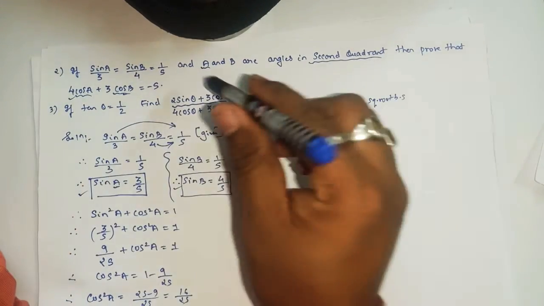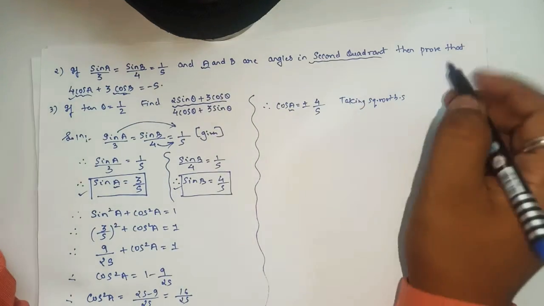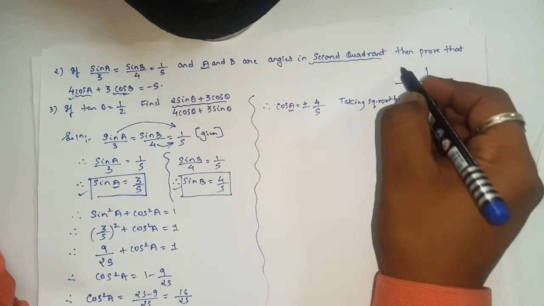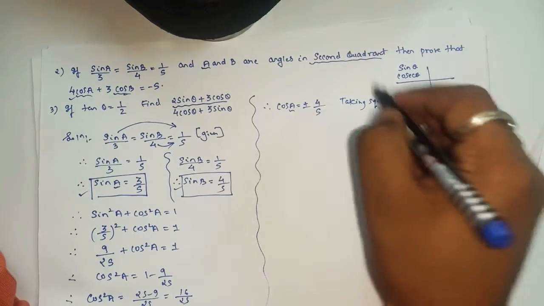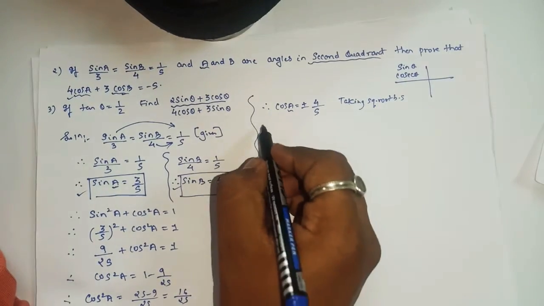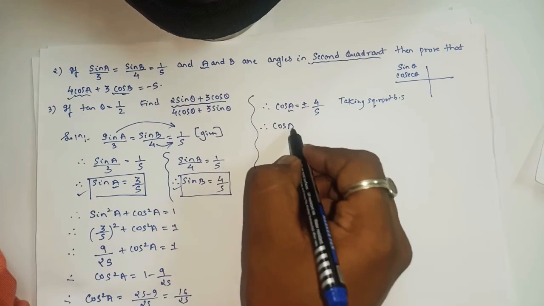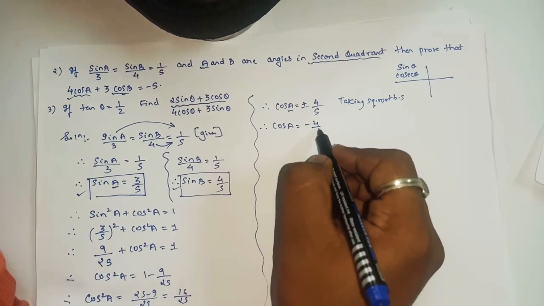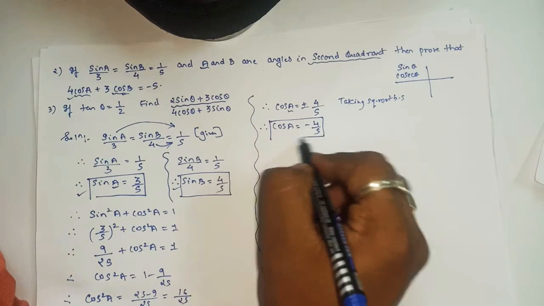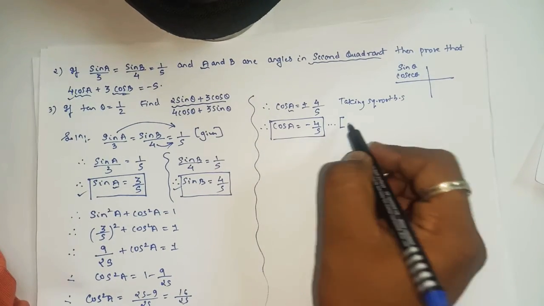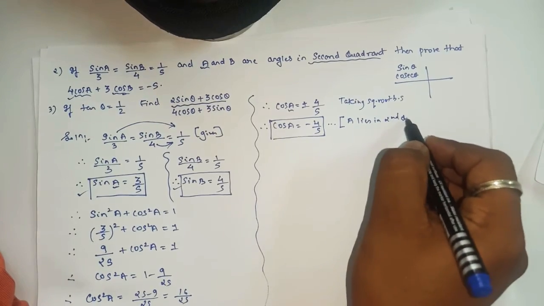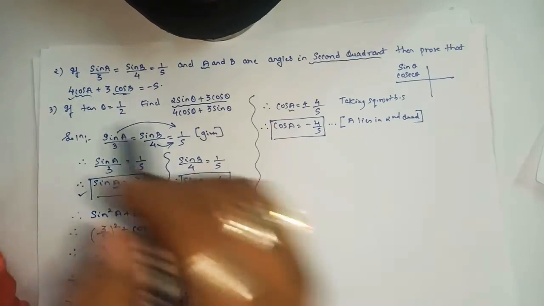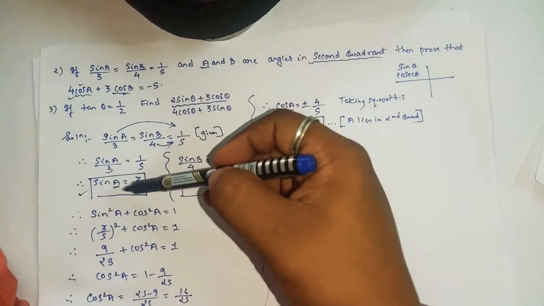For this question angle A lies in the second quadrant, and we know that in the second quadrant sine theta and cosec theta are positive and the remaining trigonometric ratios are negative. So the answer of cos A will be negative. Yes or no? Here you will write A lies in the second quadrant.